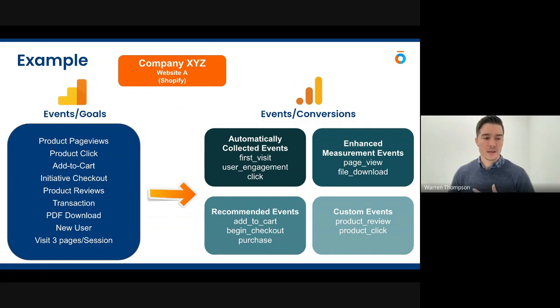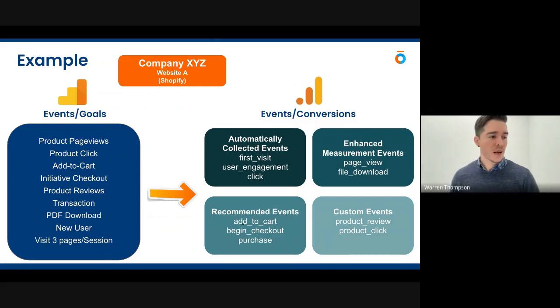The bottom 2 are the custom ones. These ones are the recommended events. As Pronab mentioned earlier, the simplified data model is all about this recommended events part, right? Google now has naming conventions that they strongly encourage you to follow when you're creating these recommended events, so that you will get those extra insights in your reporting.